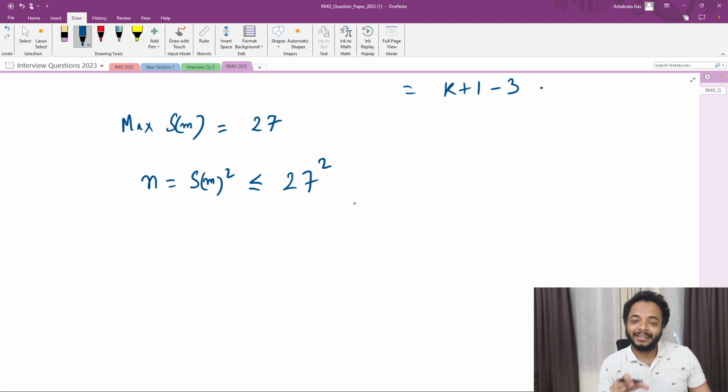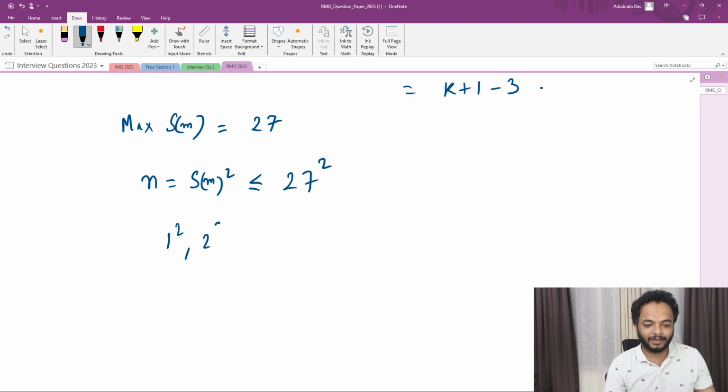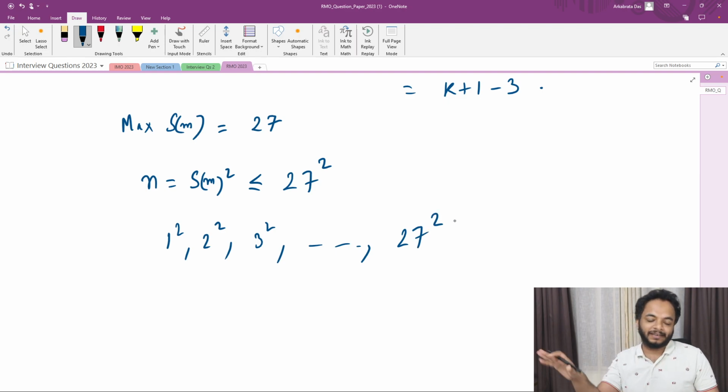So now we are in a finite range where you can simply go with manual checking, not even trial and error, a definite manual checking. And finally, what do you have to do? 1 square, 2 square, 3 square, till 27 square, you only have to check these 27 numbers.